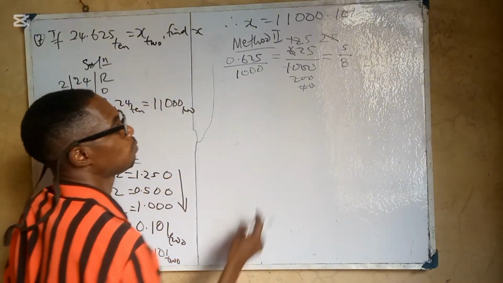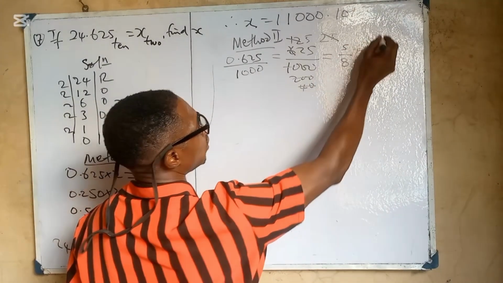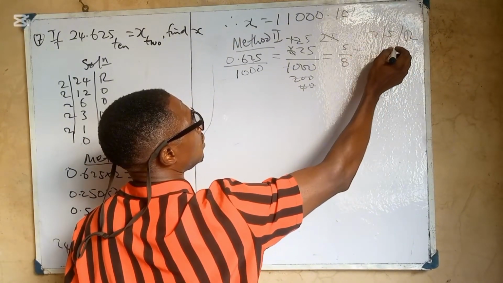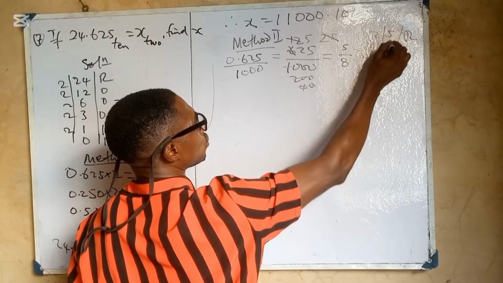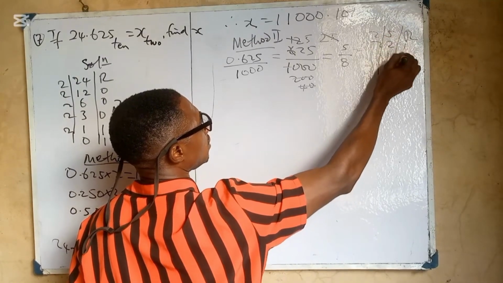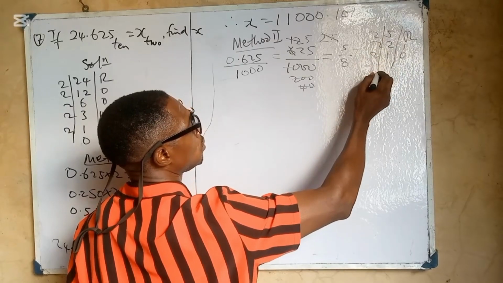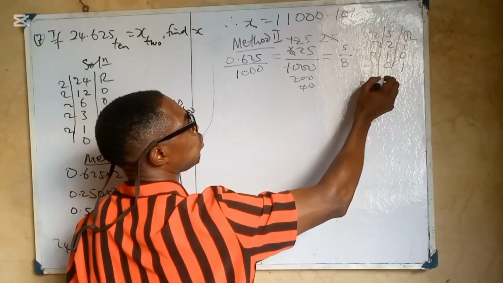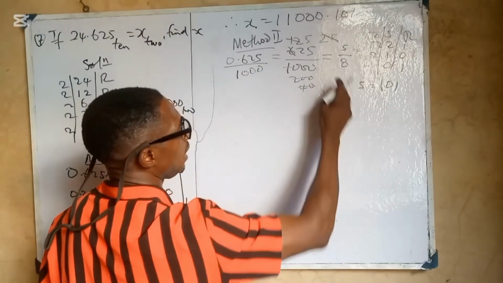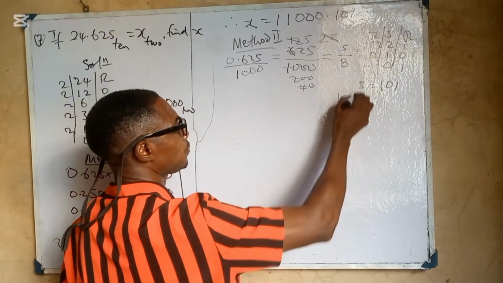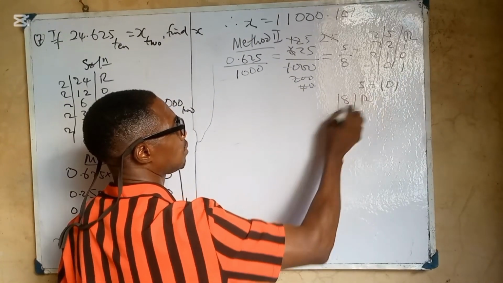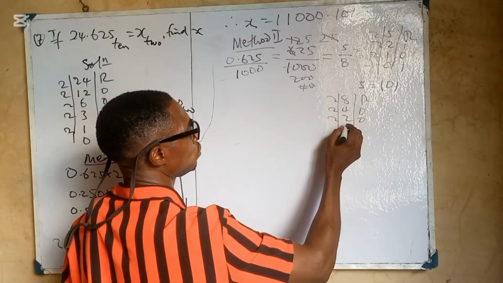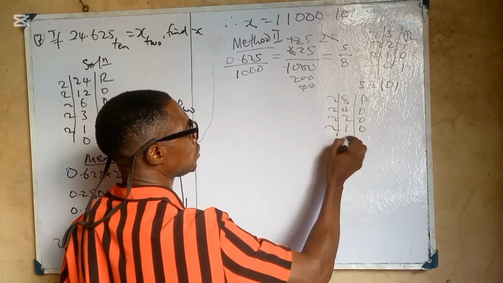All right, so convert this one to base 2. We have 5 to base 2: 2 into 5, 2, remainder 1, 2 into 2, 1, remainder 0, 2 into 1, 0, remainder 1. So the 5 in base 10 will give me 101. Now the 8 in base 10, convert to base 2, gives 1000.